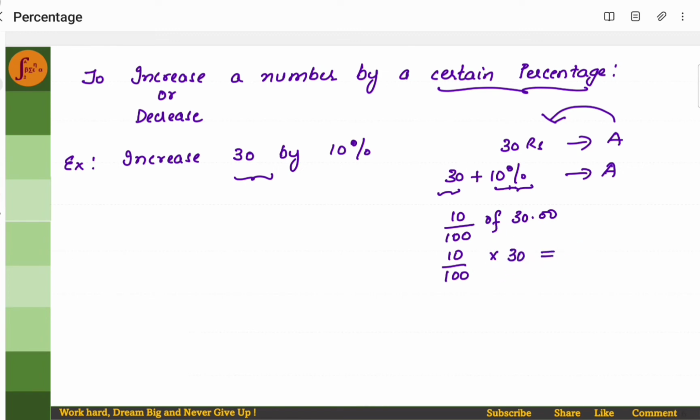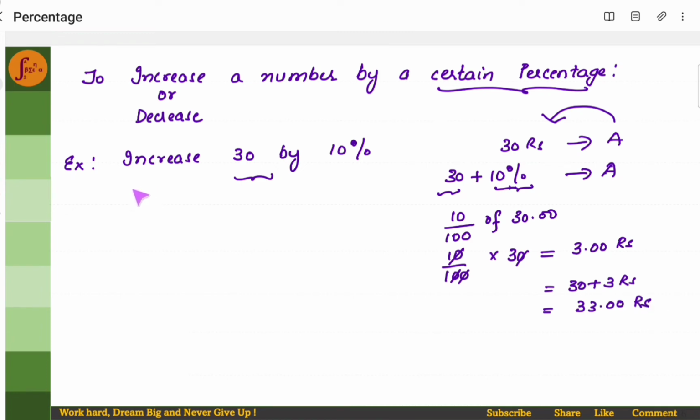What is this? This is nothing but 3 rupees. So basically, A wants 3 rupees more. Along with 30 rupees, A wants 3 rupees more. That is, he wants 30 plus 3, which is 33 rupees.